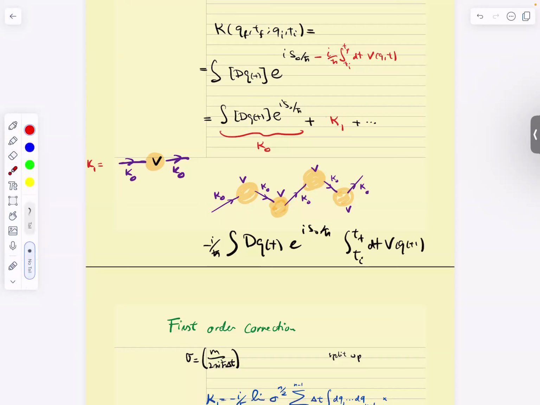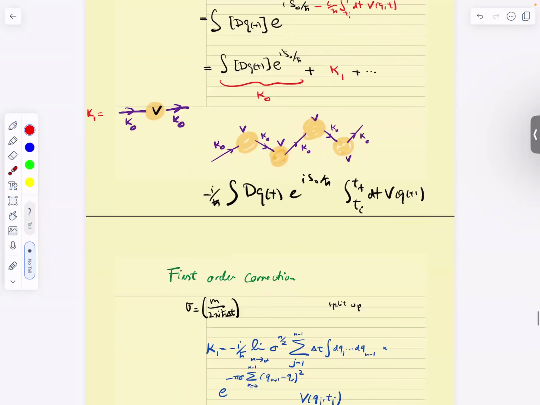So as before, to compute this, this minus 1 over h bar is this. I know that this bit will have this divergent piece that's coming from the momentum path integral. And notice that my potential doesn't have momentum dependence, so I can still do those steps. Then this integral over t, I'm discretizing as a sum over dt.